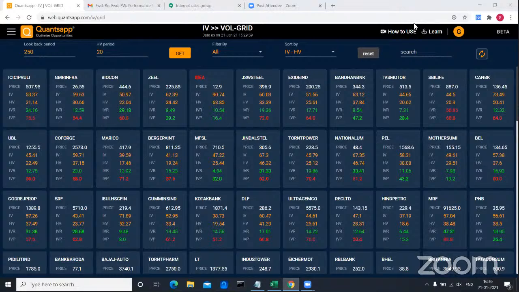Okay, Mr. Pushpak, volatility gives a range, as in what range? Okay, implied volatility is for options. But what does it tell you, what is volatility, does it give a range, what do you mean by range?